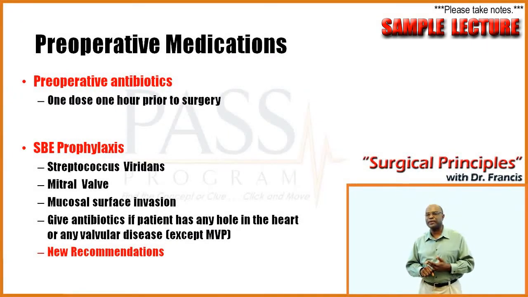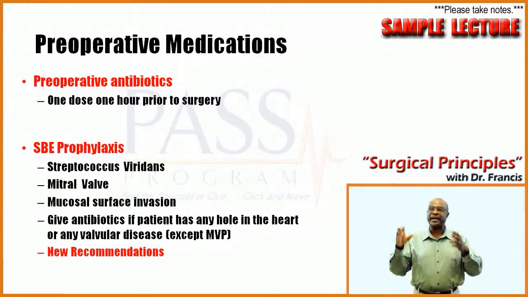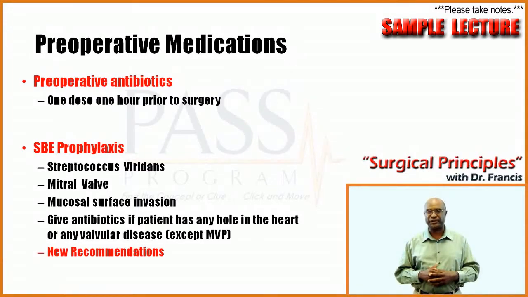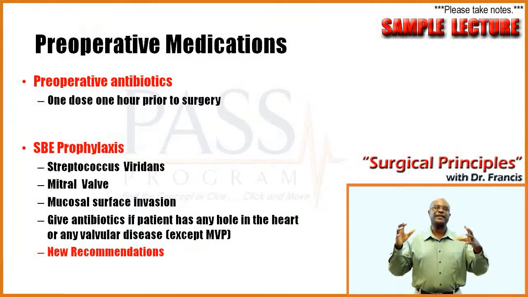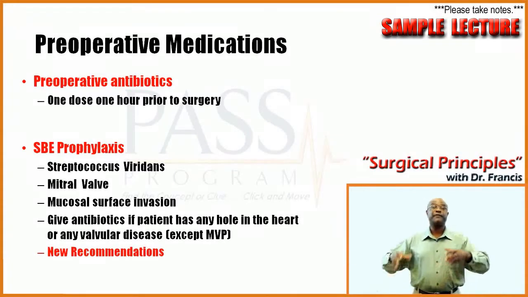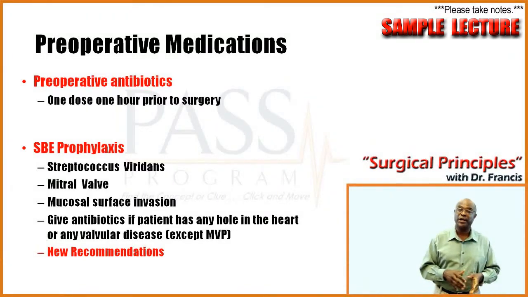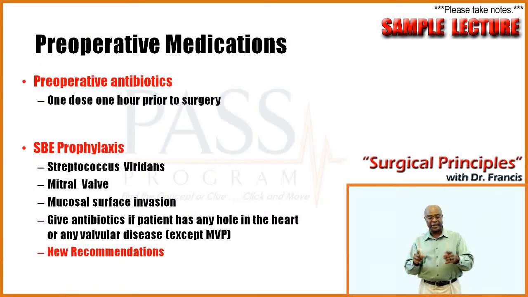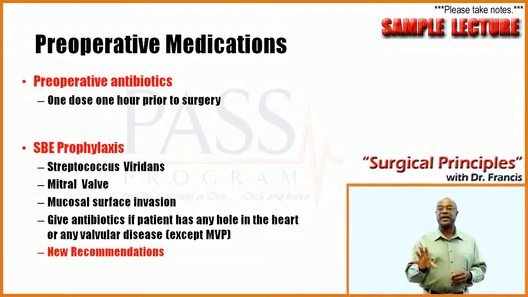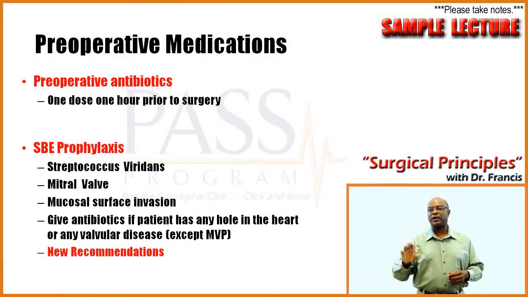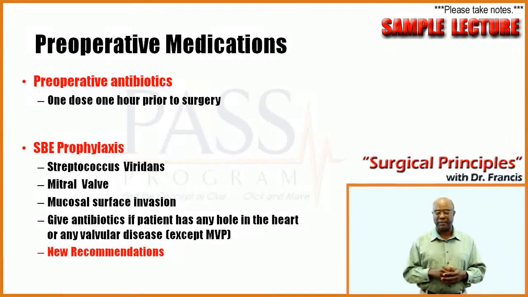Number 2 was somebody who still has some prosthetic material still in their heart. And number 3 was somebody who had a previous history of SBE. However, because the literature has not been completely updated for physicians to follow this new recommendation on the exam, you still have to do prophylaxis for anybody with a valvular problem except mitral valve prolapse.